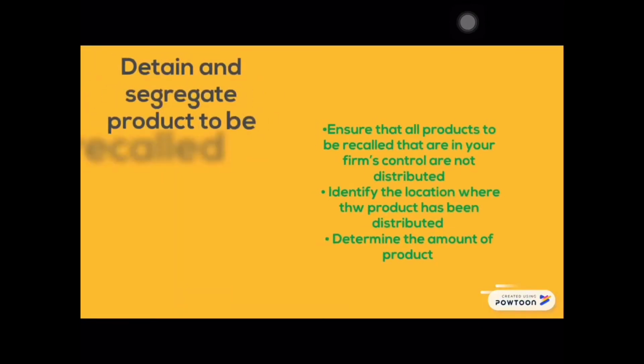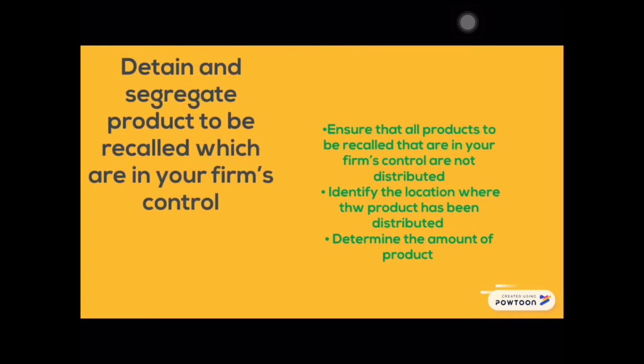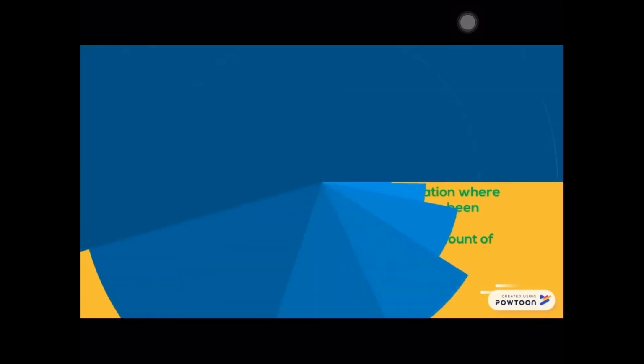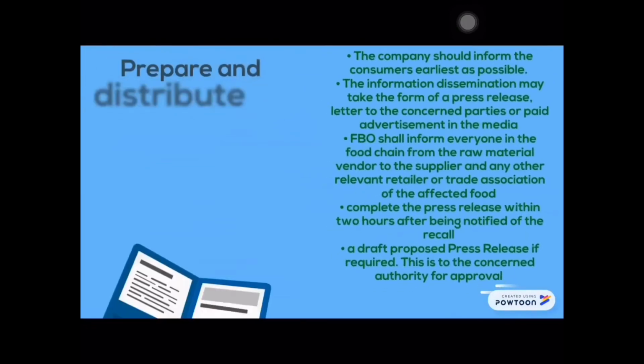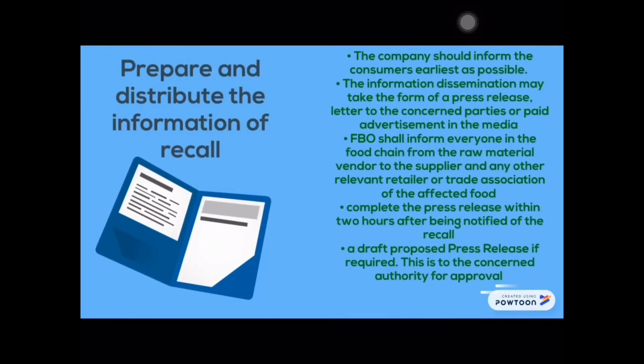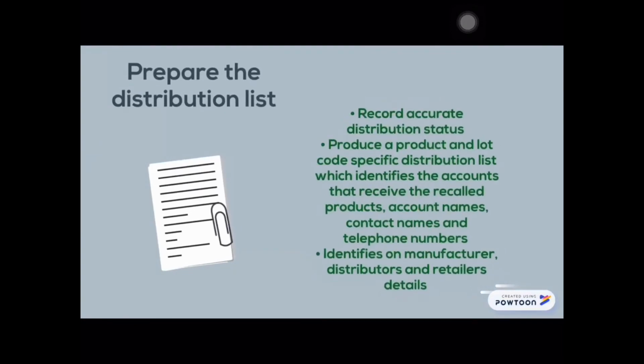Then, detail and segregate products to be recalled which are in the firm's control. Preparing and distributing the information of recall is essential in this procedure. The authority should prepare the distribution list to reflect an accurate distribution status.